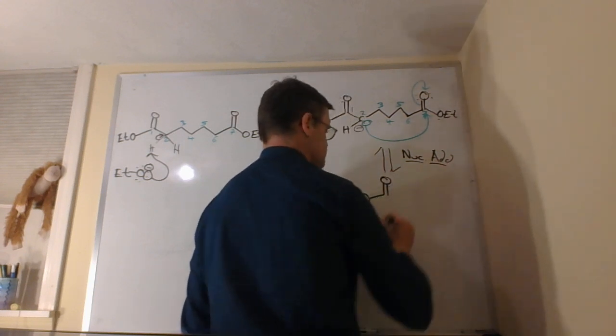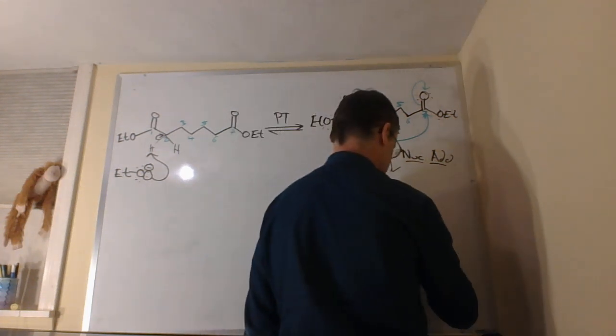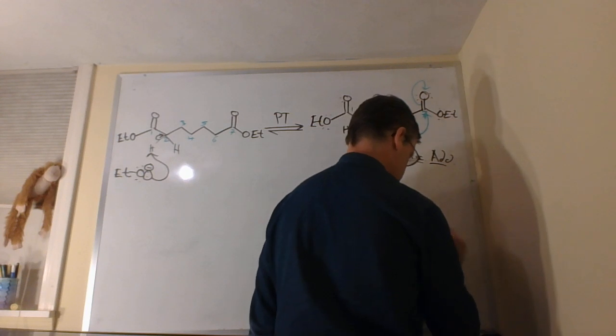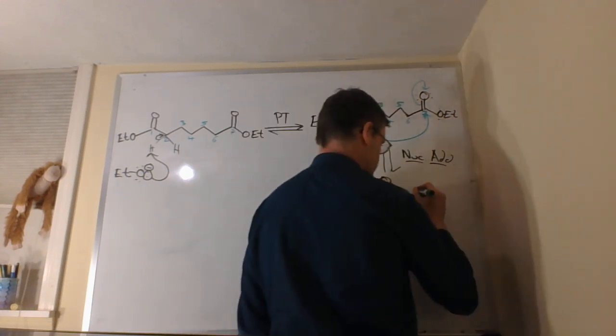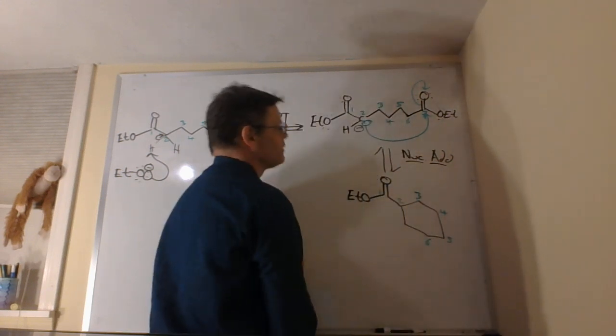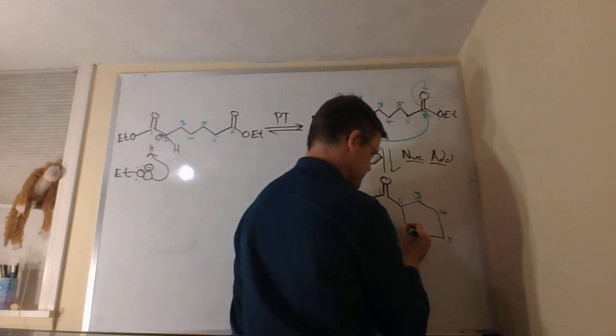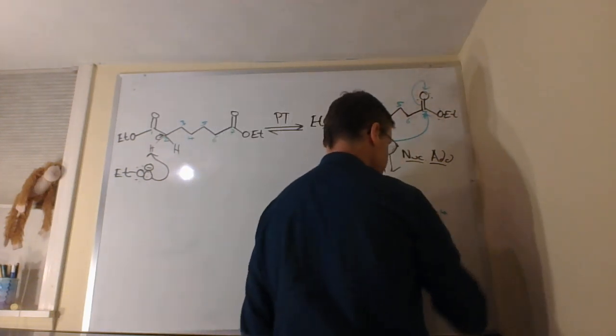So here's carbon 1, there's carbon 2, and I'm going to walk around the ring here: 3, 4, 5, 5's between 4 and 6, 6 is bonded to 7, and we made a carbon-carbon bond between 2 and 7.